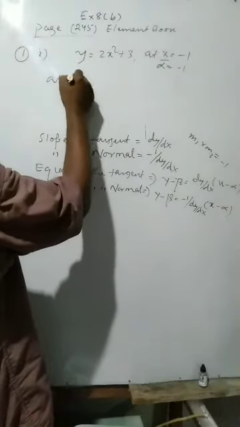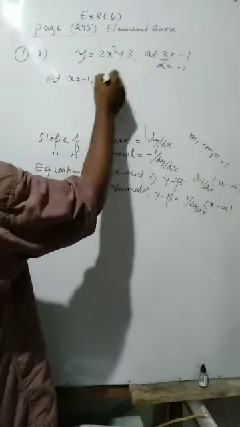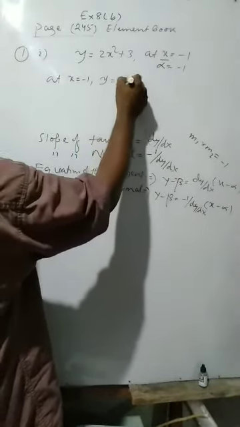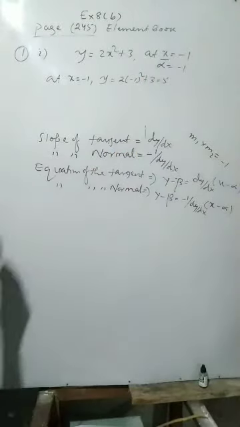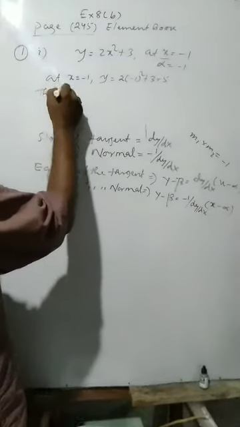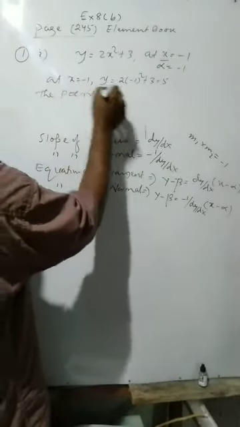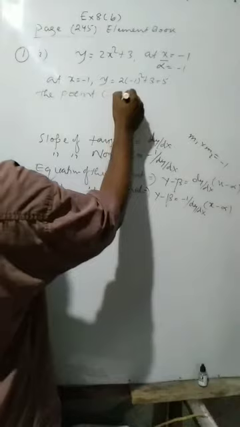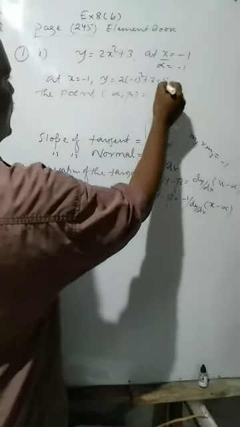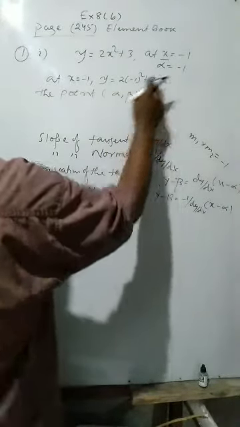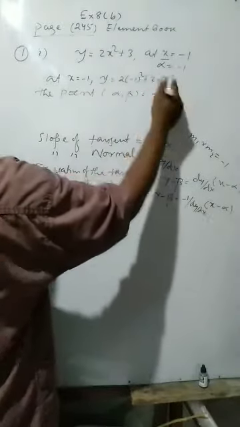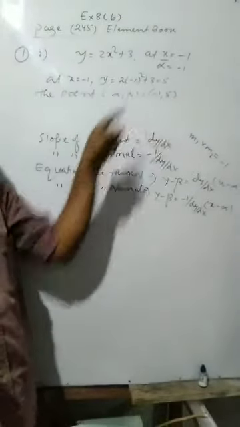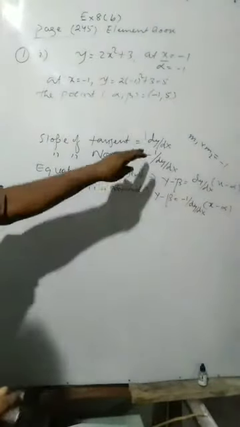At x equal to -1, y equal to 2 into (-1) square plus 3, that is 5. So alpha beta equal to (-1, 5).